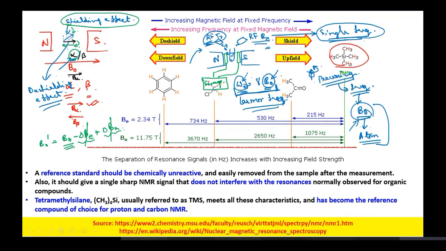So basically this sweep generator is a variable magnetic generator.